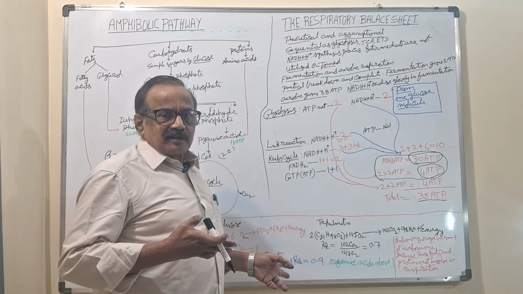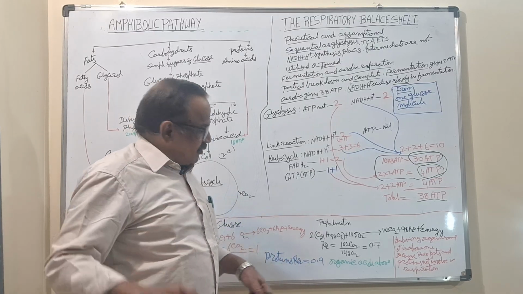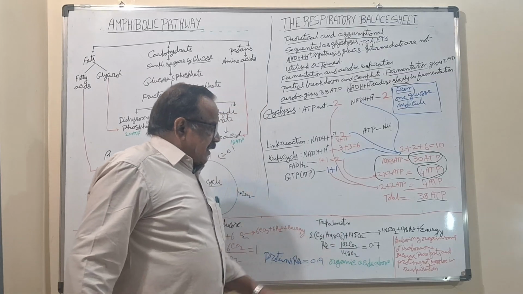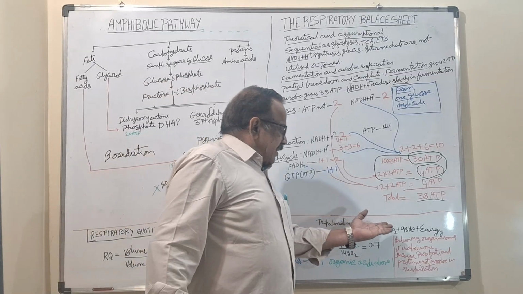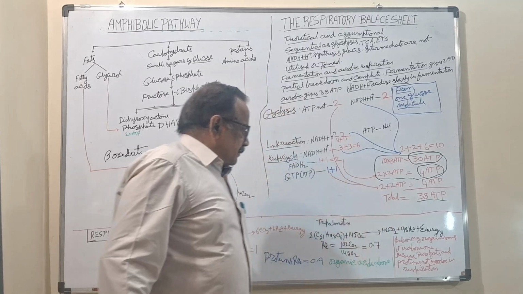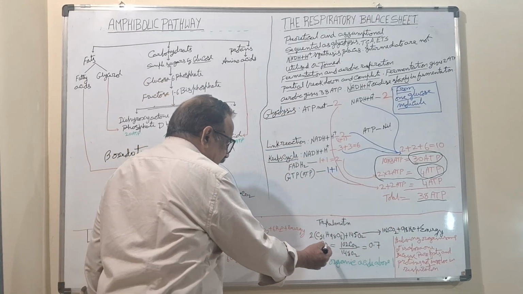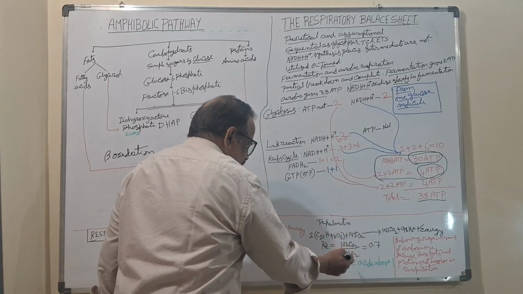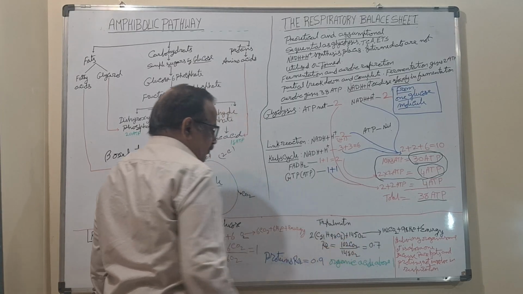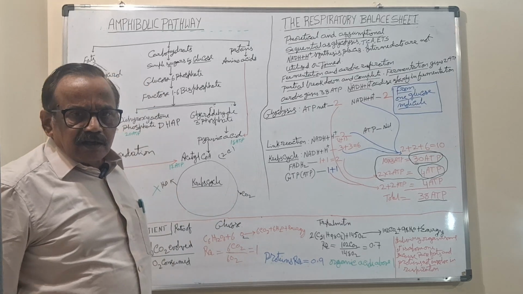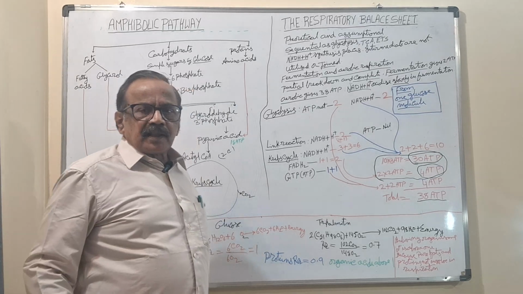It is a complex one. You may get the doubt why he has given this. Okay, it's all right. 145 O2 it has taken, and it gives 102 carbon dioxide, 98 water, and the energy. So carbon dioxide it gives 102, and oxygen it has taken 145. So 0.7 RQ it is having.